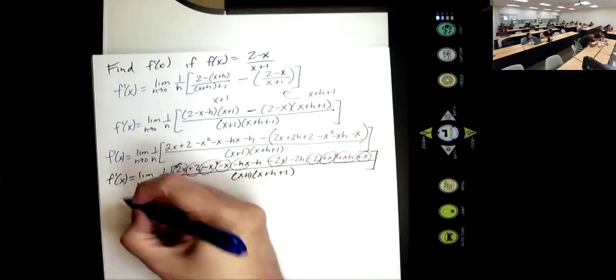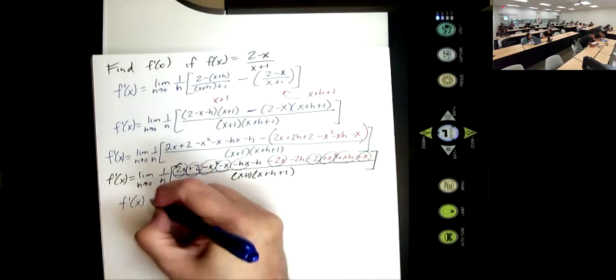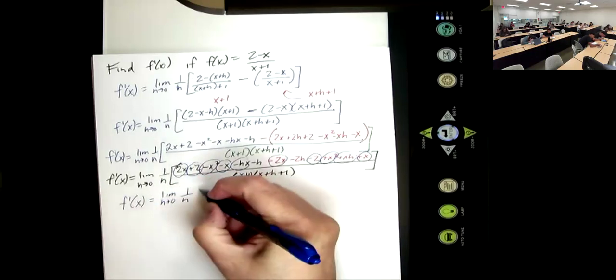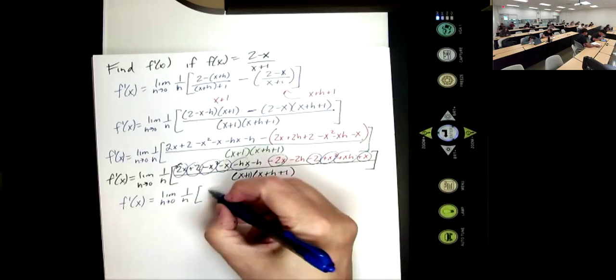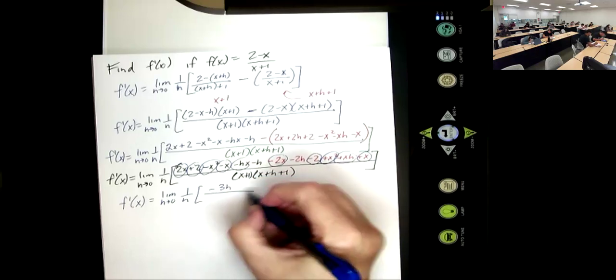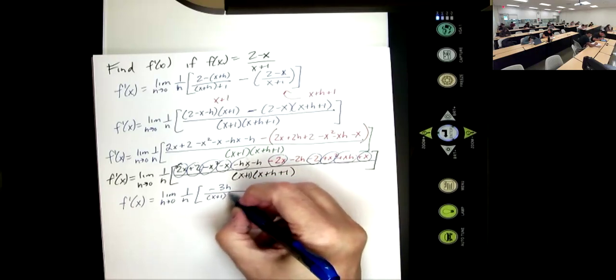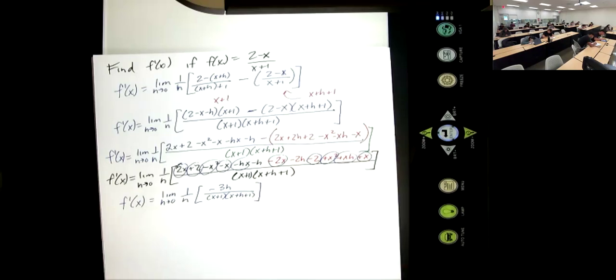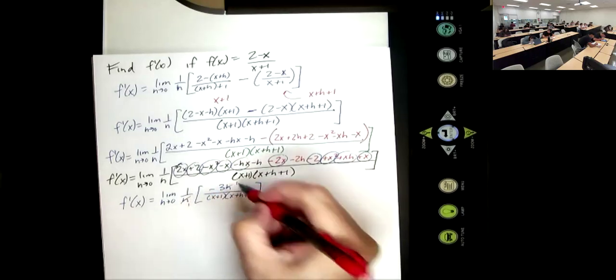Yep, it looks like we just end up with, don't forget our 1 over h up front, it looks like we just got negative 3h on top. And of course, these h's cancel each other out.